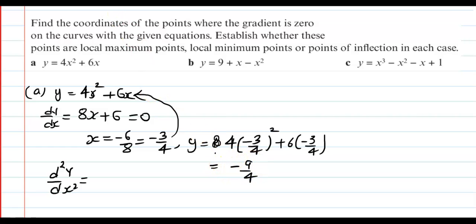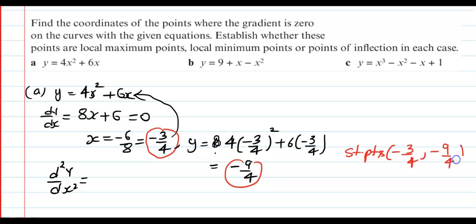So our stationary points are minus 3 over 4 and minus 9 over 4.